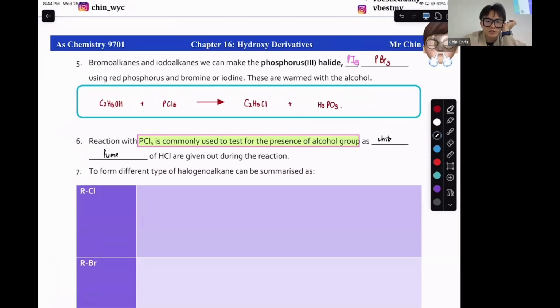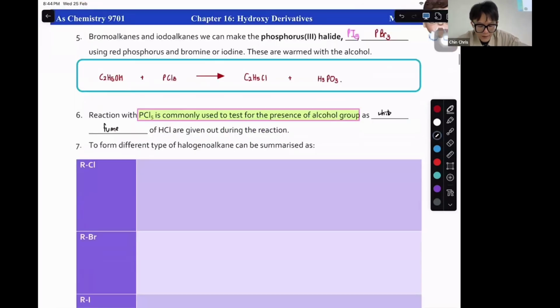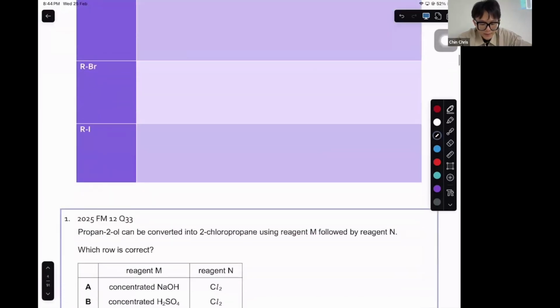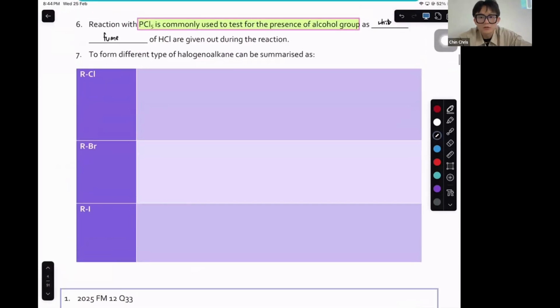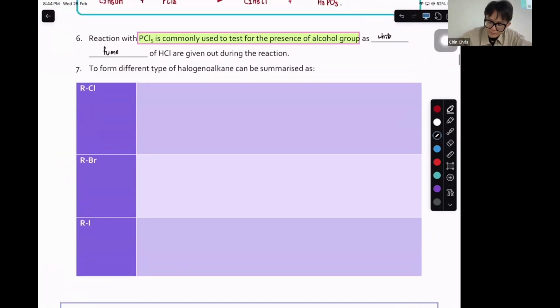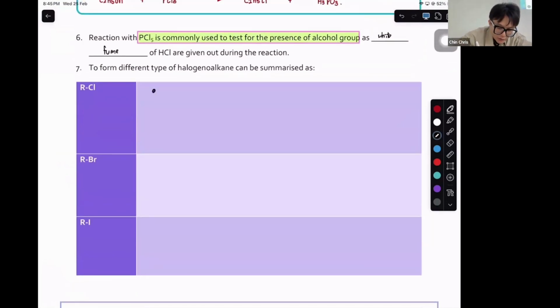All right guys, now let's continue. Let's move on to RCl and RBr. Again, if you want to halogenate into a chloroalkane, we can use PCl5 or SOCl2.